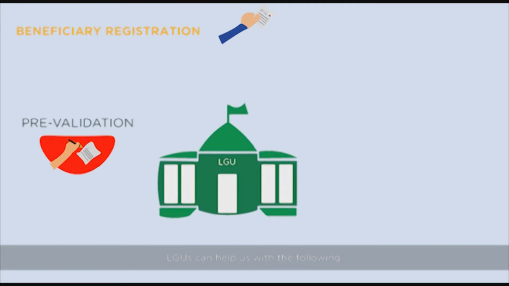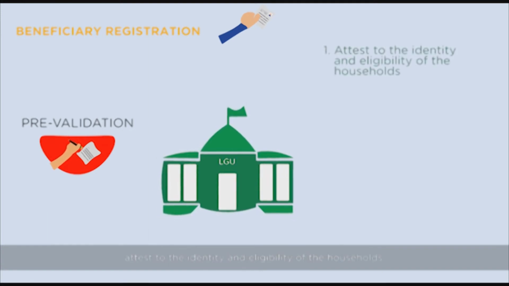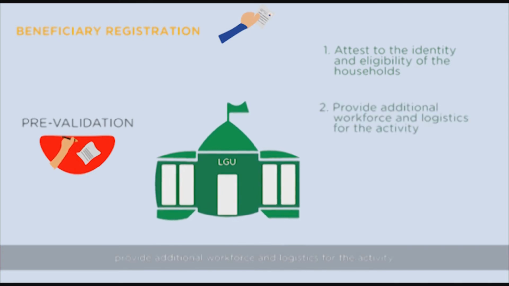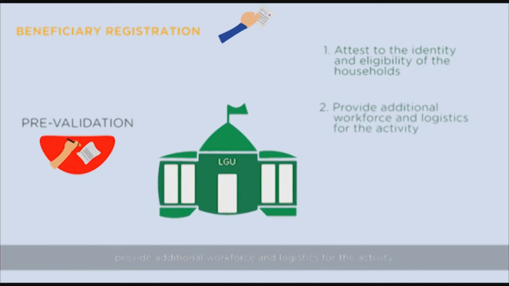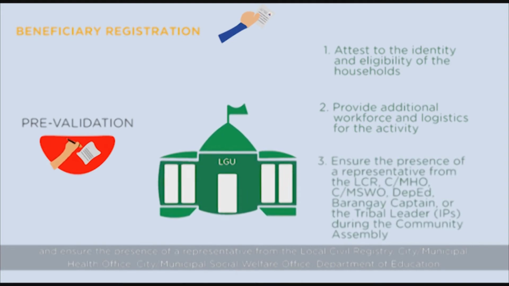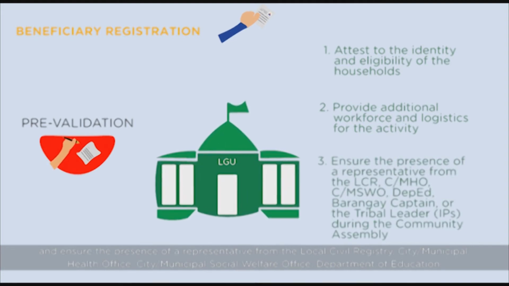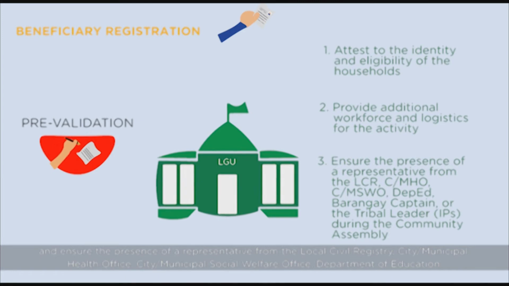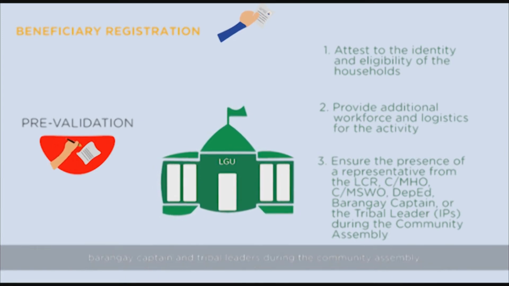LGUs can help us with the following: attest to the identity and eligibility of the households, provide additional workforce and logistics for the activity, and ensure the presence of representatives from the Local Civil Registry, City Municipal Health Office, City Municipal Social Welfare Office, Department of Education, Barangay Captain, and tribal leaders during the community assembly.